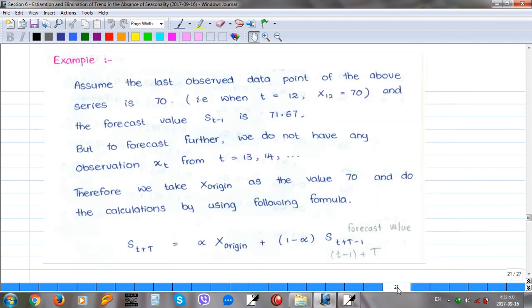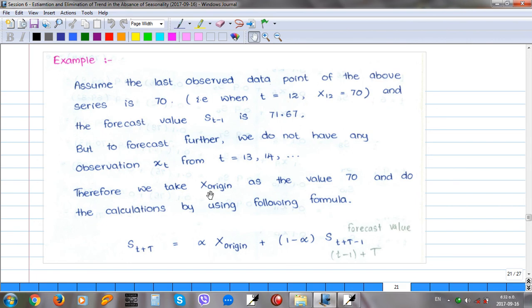So we can consider an example. Assume that the last observed data point of the above series is 70. It means x12 equals 70, and the forecast value st minus 1 is 71.69. To forecast further we do not have any observation xt from t equals 13 to 14 and so on.